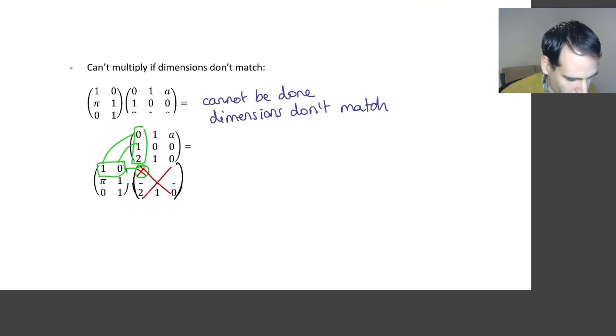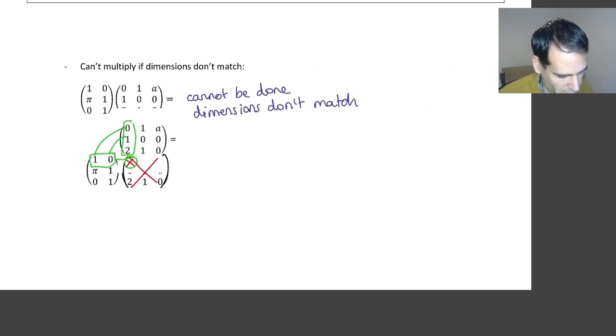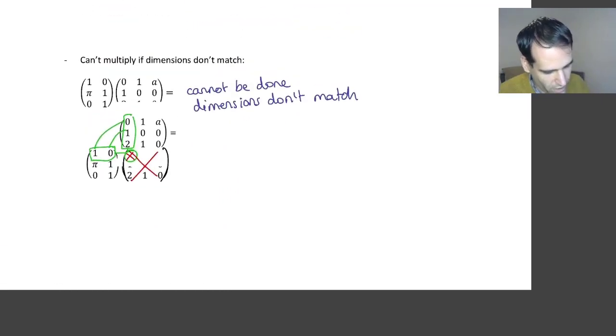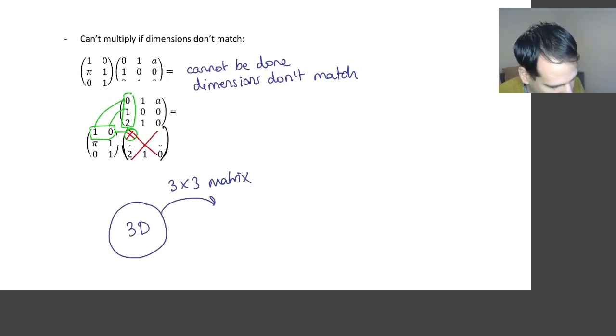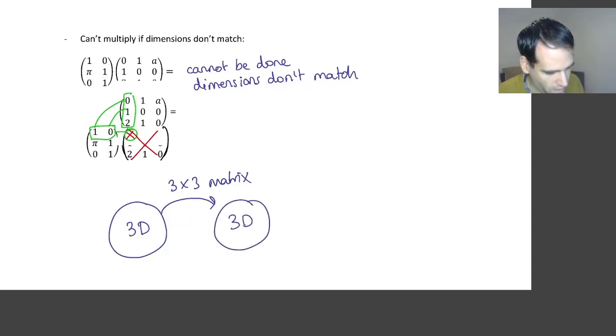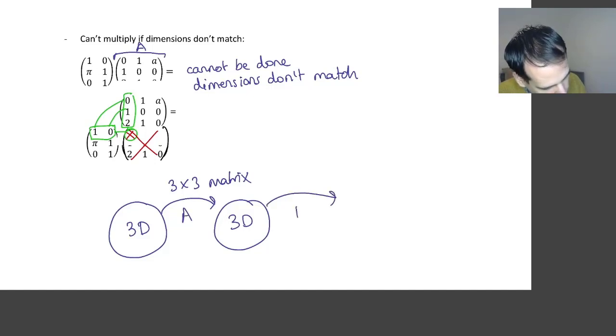Okay. Does it make sense geometrically? Well, of course it makes sense. So in this case, we have a 3x3 matrix, which is getting 3-dimensional vectors and converting them to 3-dimensional vectors. So this is matrix A. And then after that, we are trying to apply matrix B, which is a 3x2 matrix.